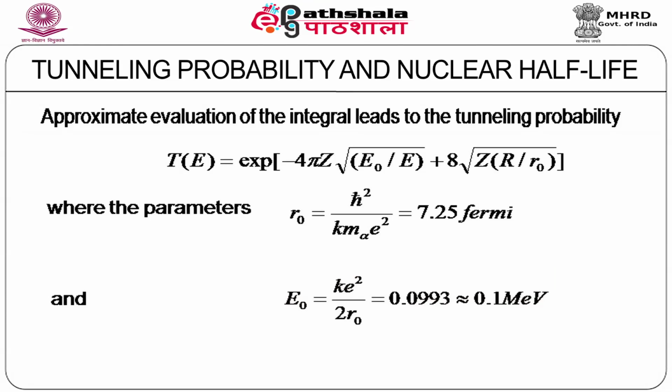So actually we didn't devote much time to evaluating this integral because this is a mathematical problem. We are only concerned with the result for the tunneling probability, which is given by T(E), and the constants and the parameters R0 and E0 are taken to be known parameters.